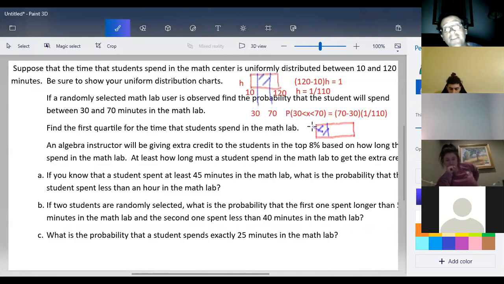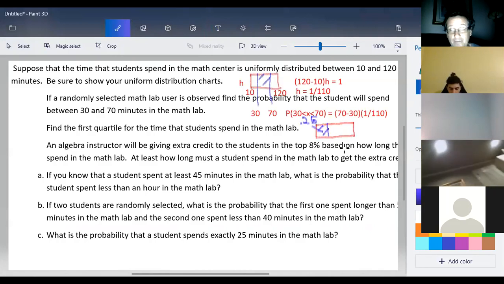So 0.25 is not on the x-axis. 0.25 is the area. It's really hard to draw. That's a little better. So that's the area of that rectangle. We don't know the value. If we knew it, that would be the answer and we'd be done.